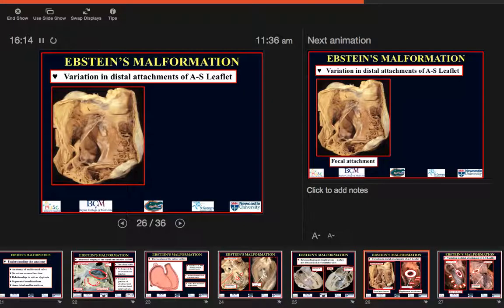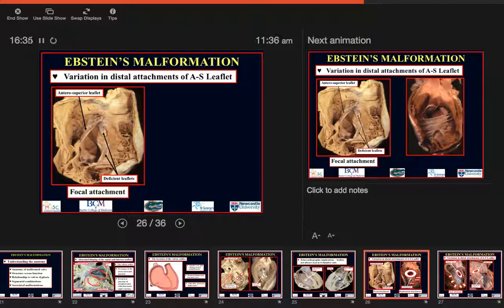I would stress, however, that that is not always present, because you don't always get that connecting tongue in the setting of Ebstein's malformation. So in this heart, for example, there is focal attachment of the anterosuperior leaflet. But that is the exception rather than the rule.